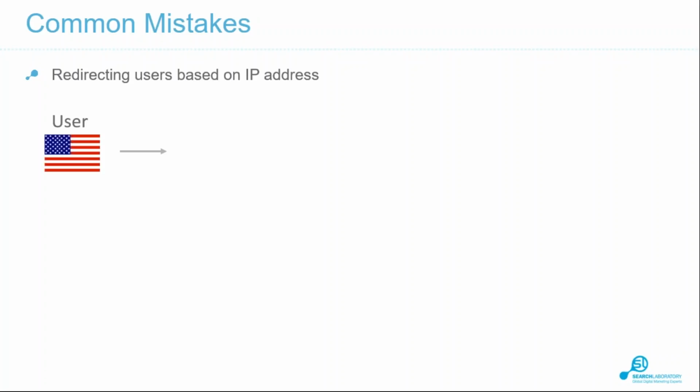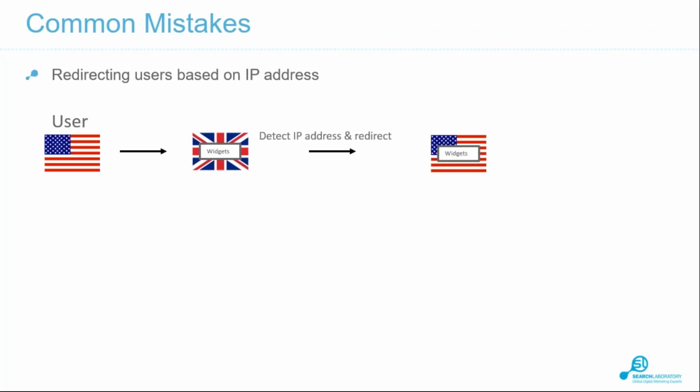To visualize, if we had an American user attempting to access our UK English page, we would detect the IP address of this user and redirect them to our American page. That's great for most American users. However, if I was a British user in America, I'd want to access the British version and I wouldn't want to keep getting redirected to America simply because that's where I was residing, maybe if I was on holiday.